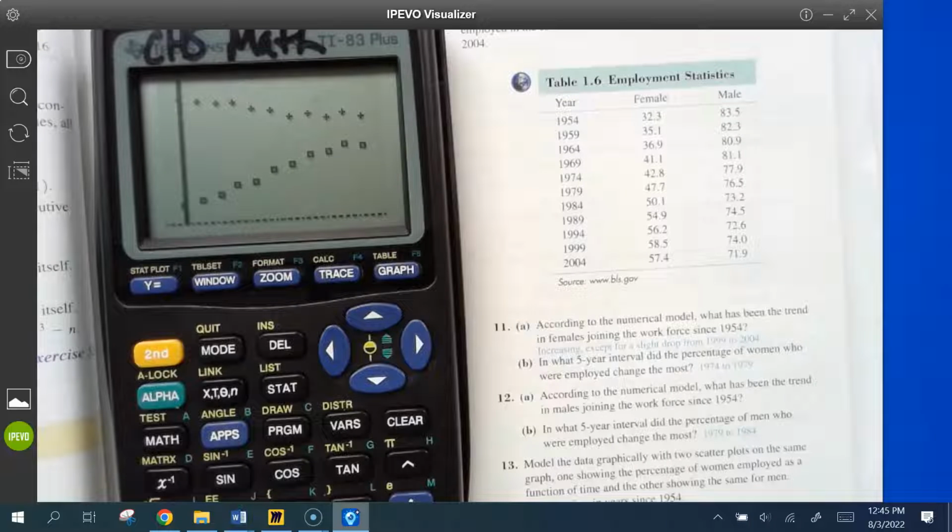17 says if the percentage continues to follow the linear models you found in exercise 15. So I'm assuming in exercise 15 you went through the regression. Is that right?